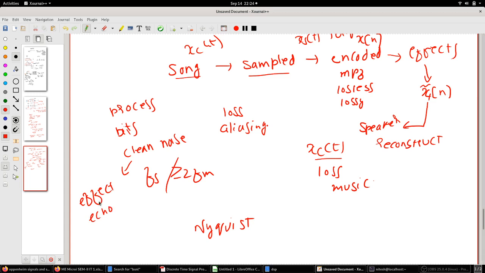Depending on the music you have, whether you want a hall, as if you are listening to a song in a concert hall, in a disco, or in a room. Those kind of effects you can do by changing some of the bars in your synthesizer on the computer, okay, or in the mobile. But this kind of processing happens in the digital domain. That's why you move it to digital.